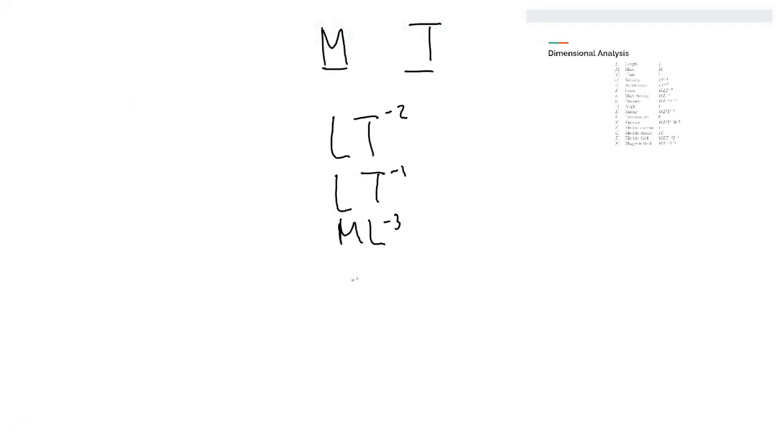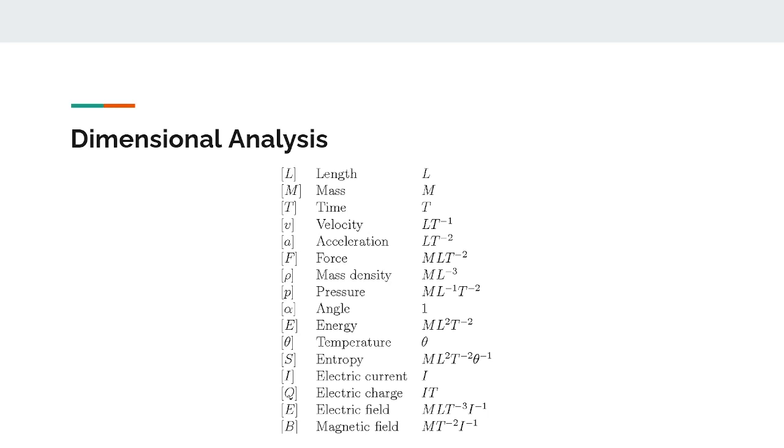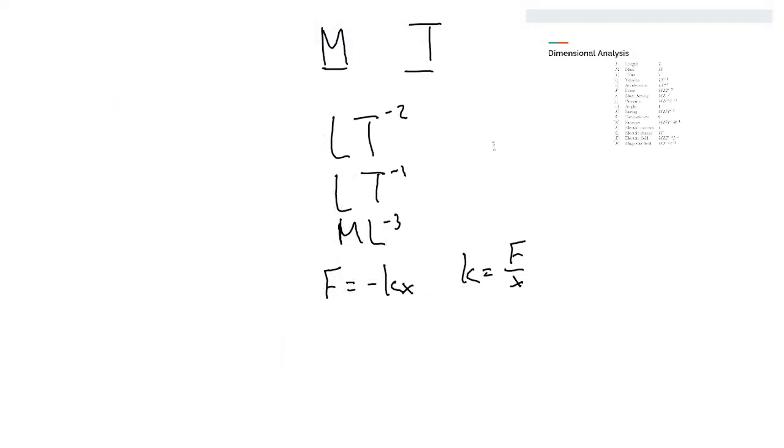So our spring constant is going to be given as F equals negative kx, right? So our k is going to be equal to F over x, and we're just going to ignore this negative for now. So our force, if we look back on our chart, is going to be ML divided by T squared, right?